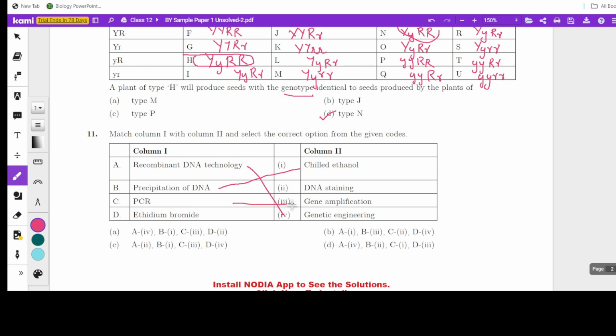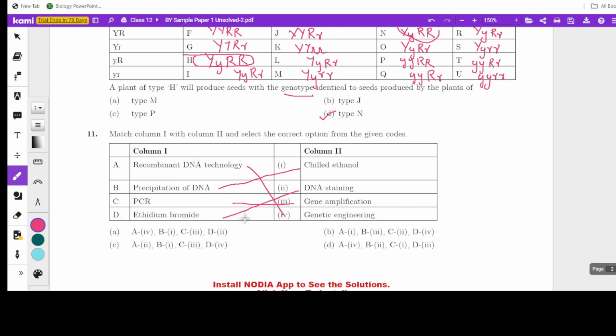So gene amplification. And ethidium bromide, we are using it in the gel electrophoresis method, which helps us to view the DNA fragments. So DNA staining. Only by the use of ethidium bromide, the UV rays will show it. We use the combination of ethidium bromide and UV light to view the DNA fragments clearly. So DNA staining.